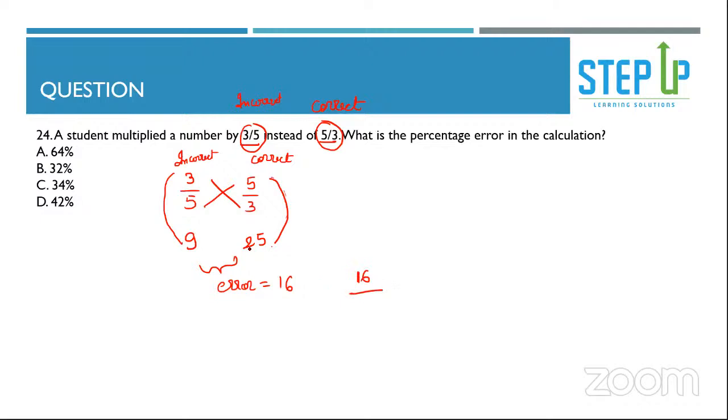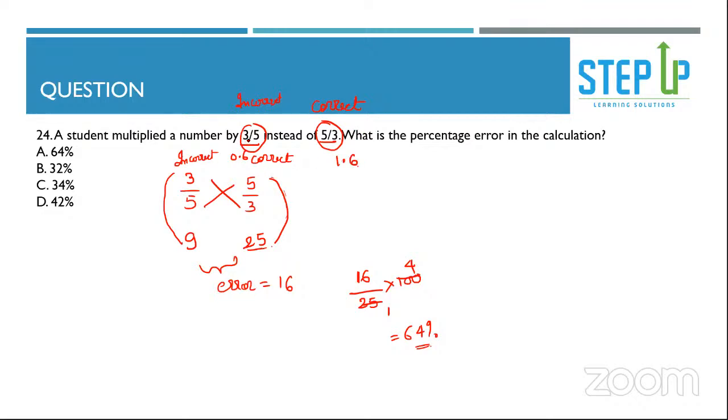Always and always we calculate error with respect to the correct value. So 16 by 25 into 100. 25, 1, 25, 4, 64% will be your answer. Right? You can also do this by calculating 3 by 5 will be 0.6 and 5 by 3 is equal to 1.6. All right.